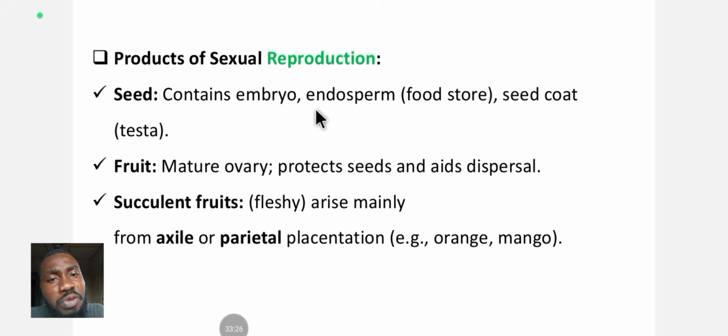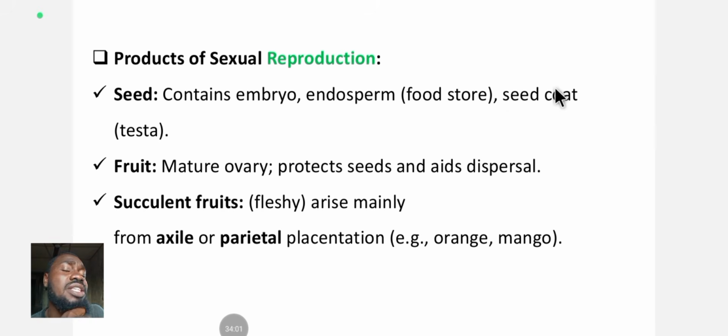Energy, okay, for germination before the plant starts sprouting leaves and is ready to photosynthesize to make its own food. Also, it is through this endosperm that we heterotrophs feed on seeds. We eat seeds like beans. So the food stored in the endosperm, we eat and enjoy. So it's also a source of nutrition to other organisms.